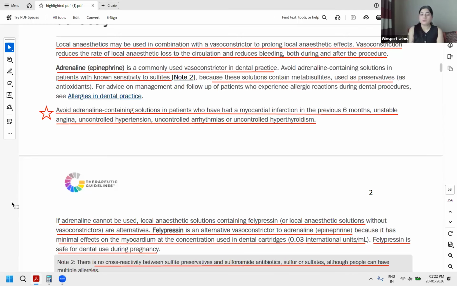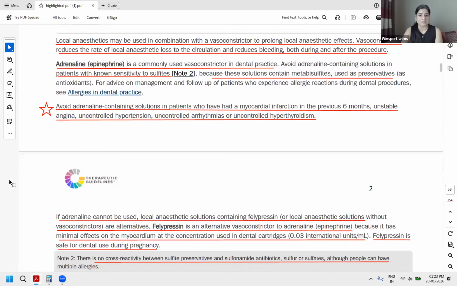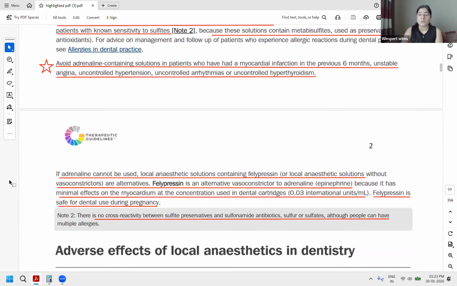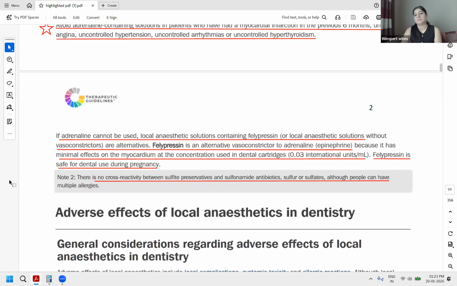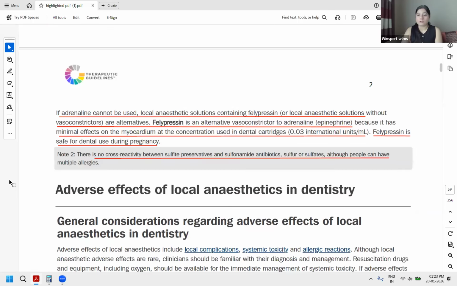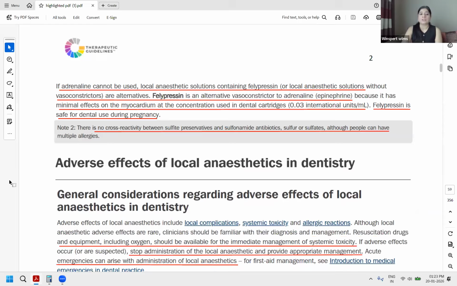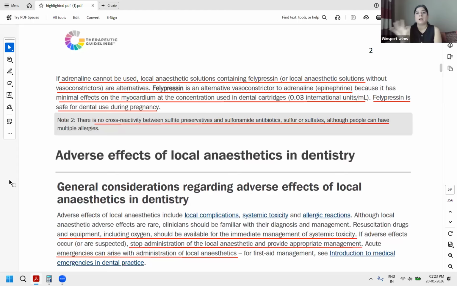And instead, what you would do is give the local anesthesia solutions which contain felypressin, right? Felypressin doesn't have a highly oxidative tendency. That is why it does not require metabisulfite as a preservative. Also its vasoconstrictive action is quite minimal on the myocardium, on the heart muscles, and the quantity is also extremely low.